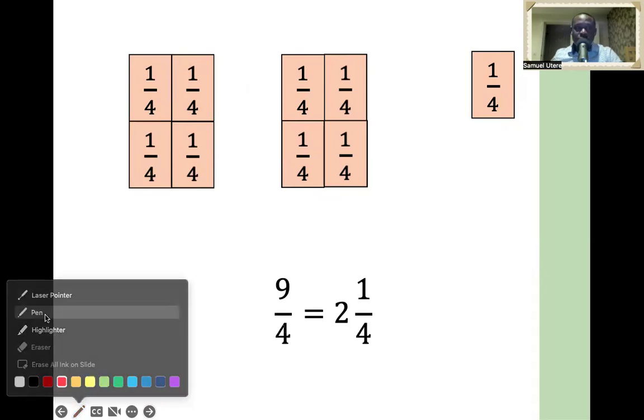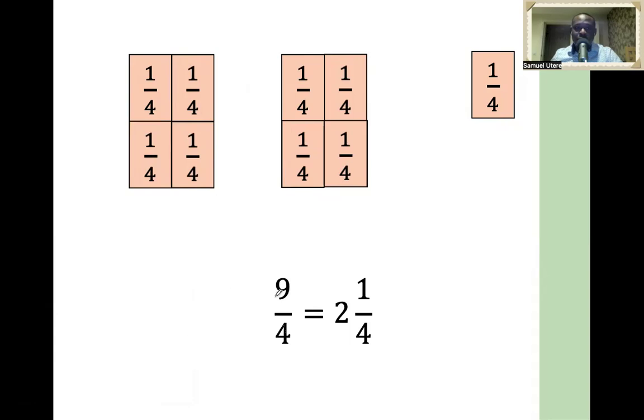So when you start to study higher level maths, you think, okay, 9 quarters. Well, we could have written it like this: 9 quarters. We have 9 quarters. And it's the same thing as this.